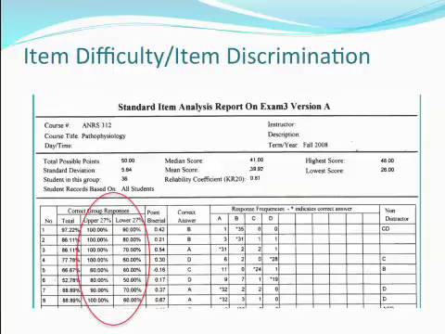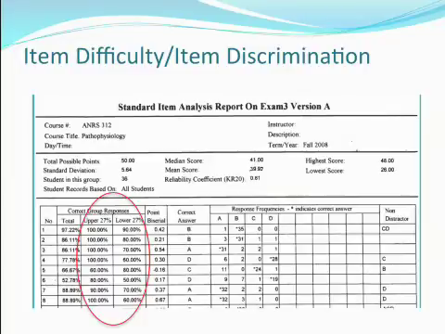Under correct group responses, we see an upper 27% and a lower 27%. These are based on raw scores, and what the computer will do is place students into these two categories. So the upper 27% includes those students who received a raw score in the top 27% of the class. The lower 27% represent those students who received a raw score in the bottom 27% of the class.